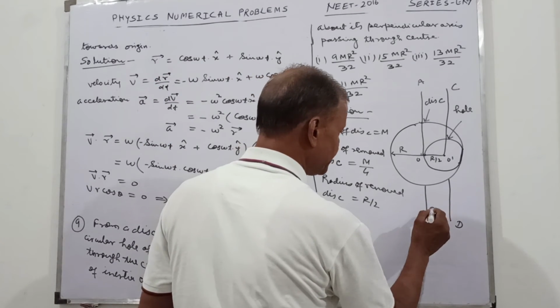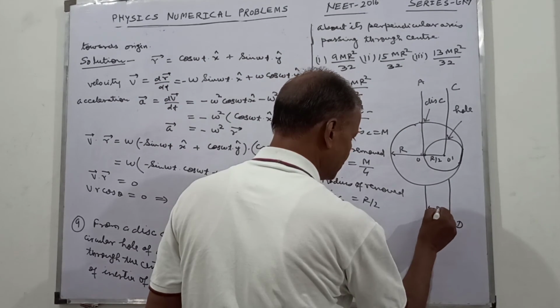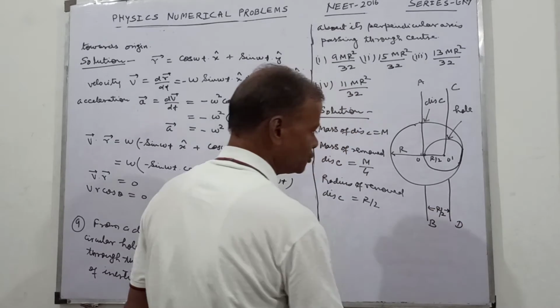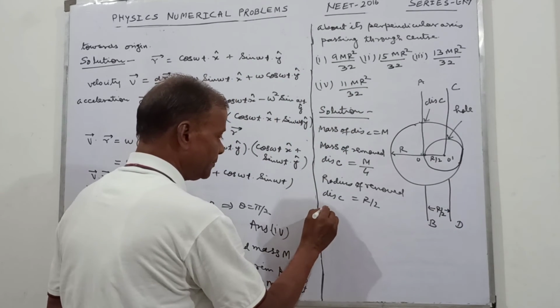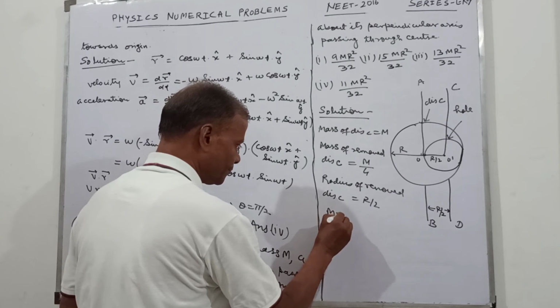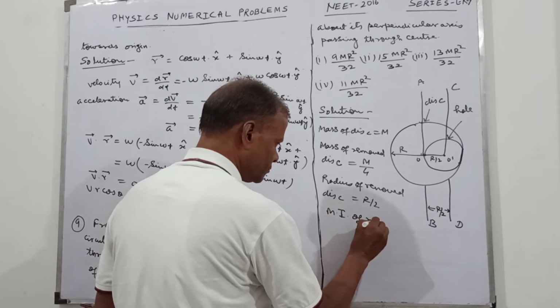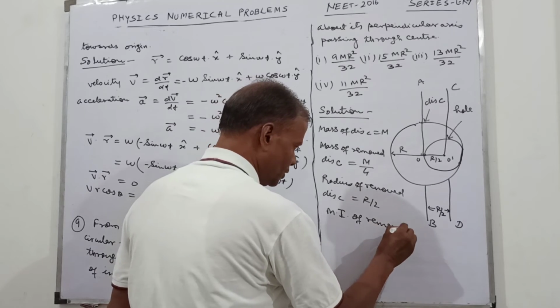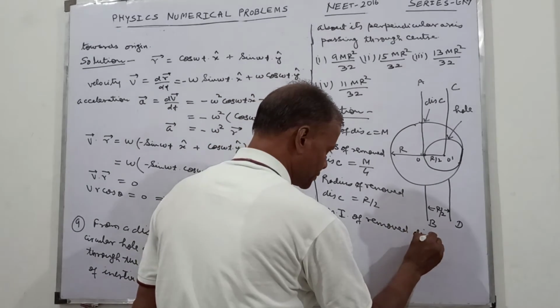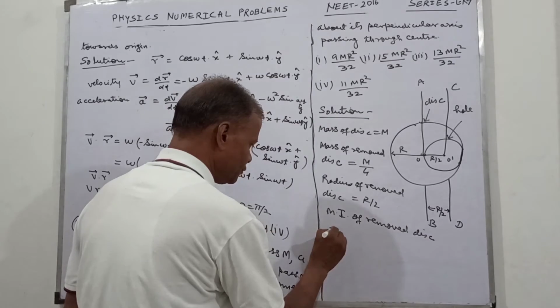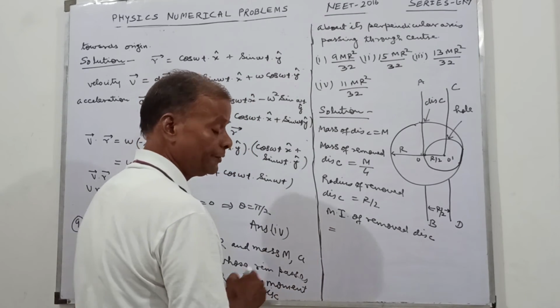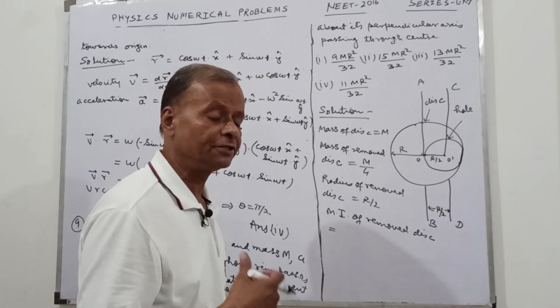So now the distance between these two is r by 2. For the moment of inertia of the removed disk, we will apply the formula I equal to Ig plus Md square.